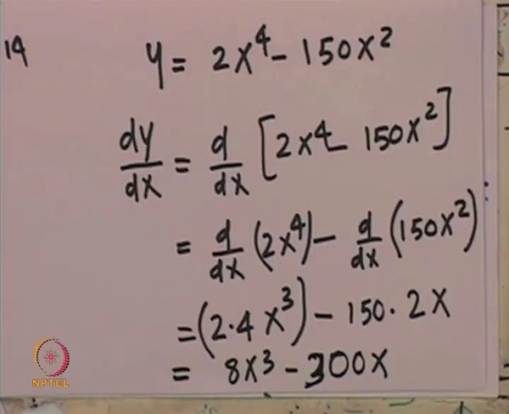So, that is the derivative of this free energy function, and if we equate this to 0, what we will get essentially is the minima and maxima of this function. So, let us quickly equate this to 0.